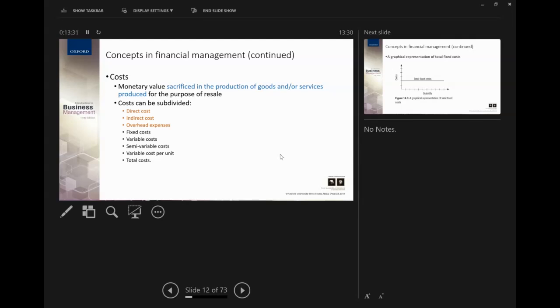Uh-huh. I'd actually look at that more as an overhead expense. What is ChatGPT and Google saying about direct costs? Yes?